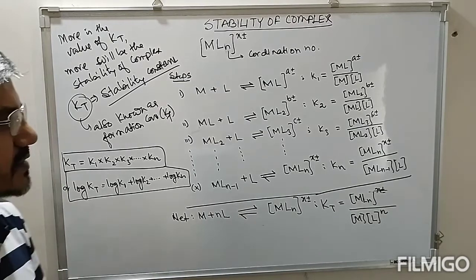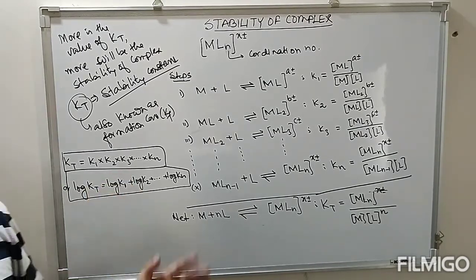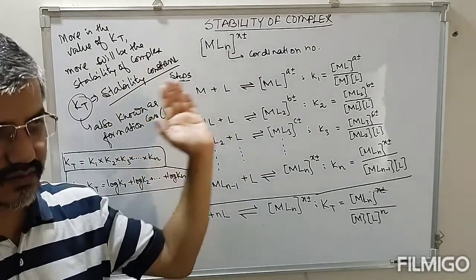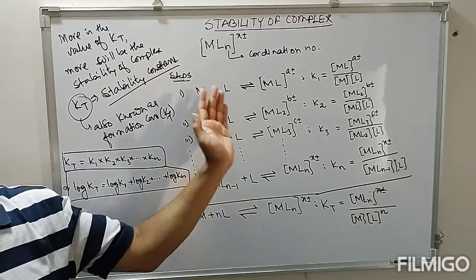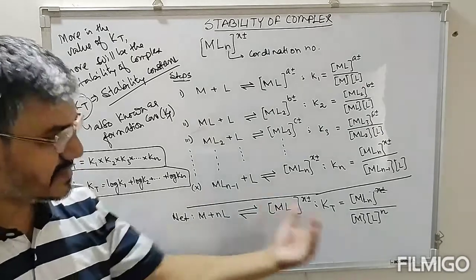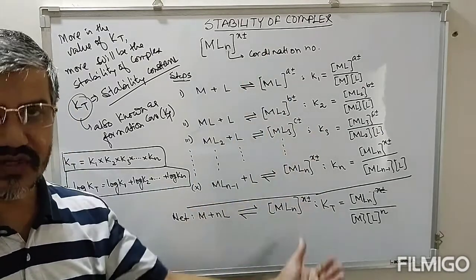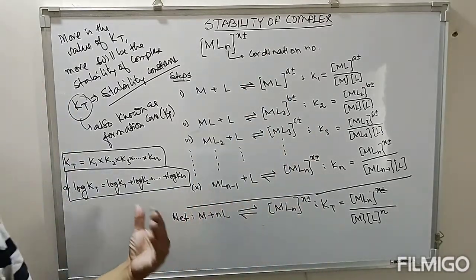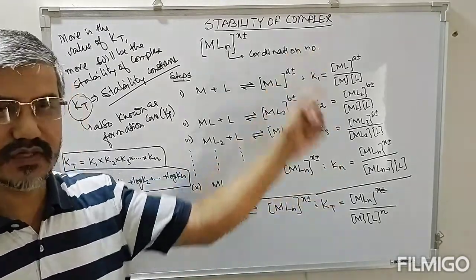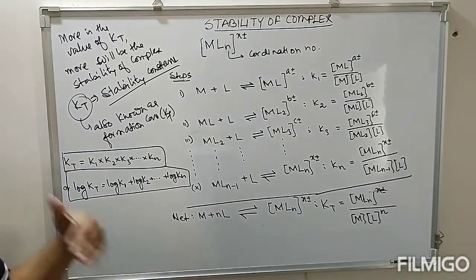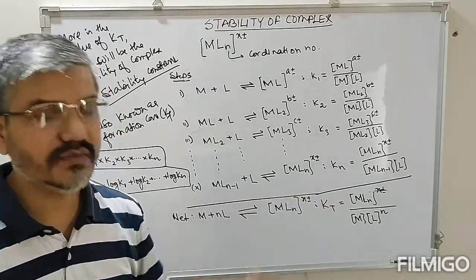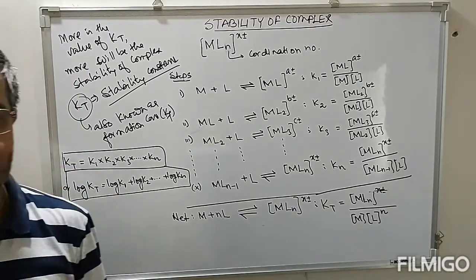So the first thing that you have to keep in mind is that formation of a complex is multi-step, involving a number of equilibrium steps. The net result is the summation of individual equilibrium steps. The final equilibrium constant is equal to the product of individual step equilibrium constants. So for the stabilization of this complex, the net equilibrium constant should have a large value.